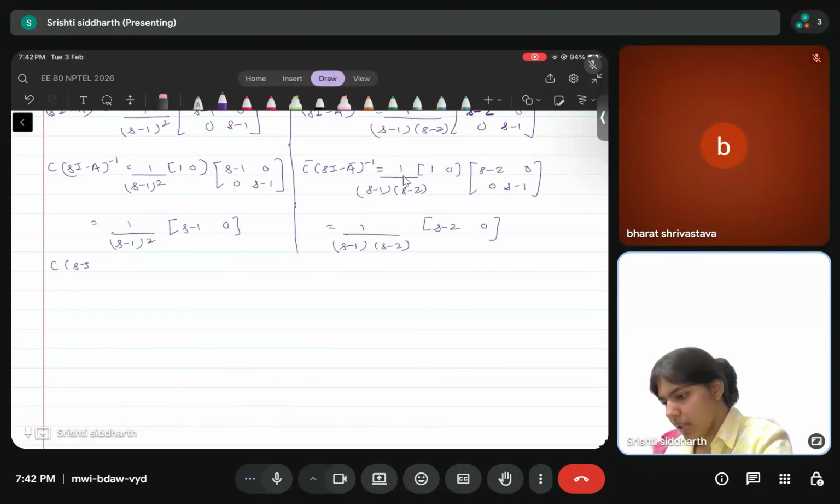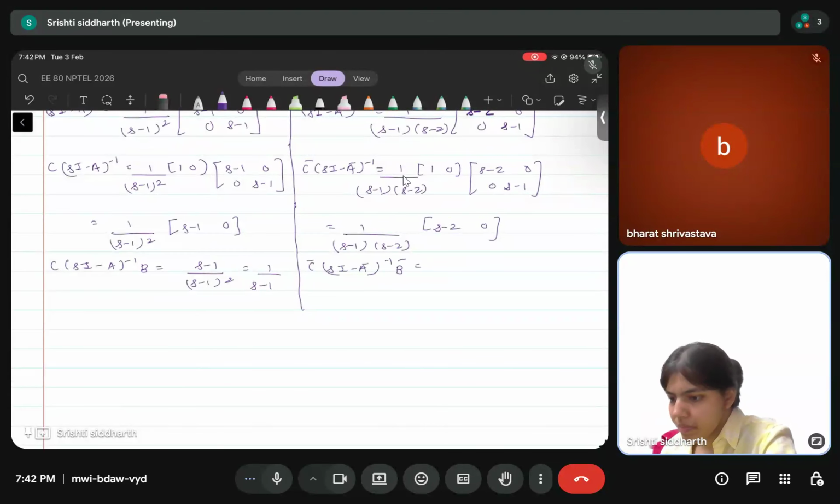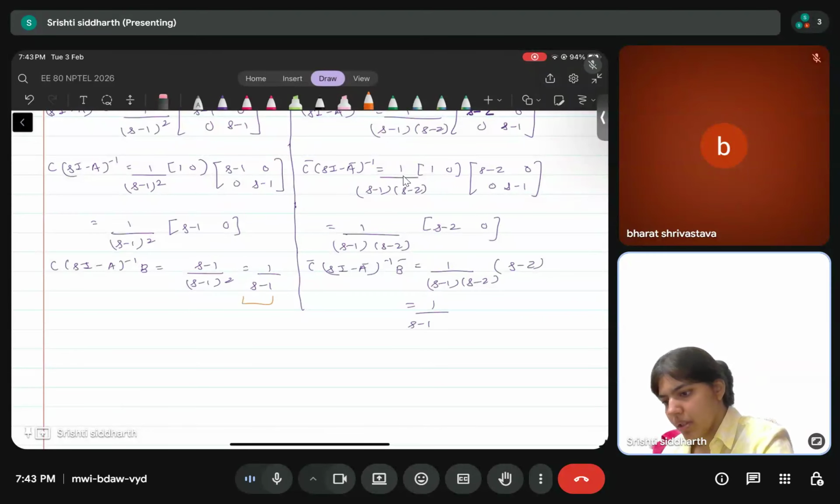So the first entry is 1 over s minus 2. Okay, so the two transfer functions are the same.